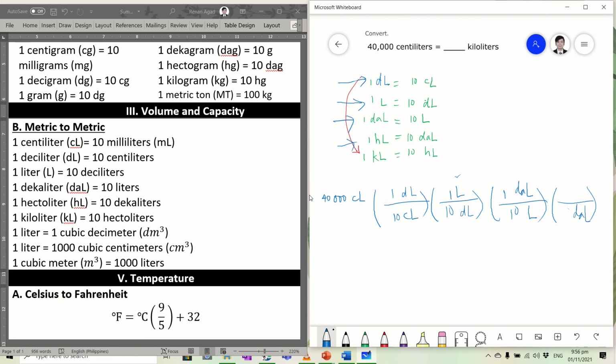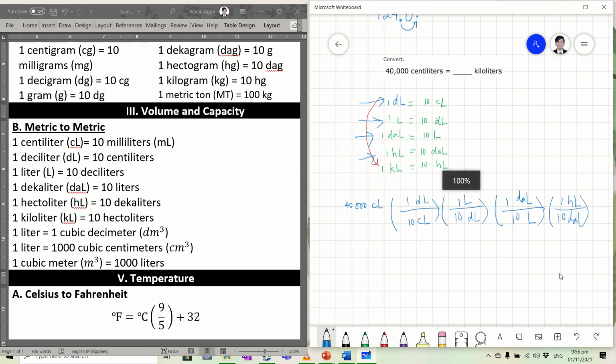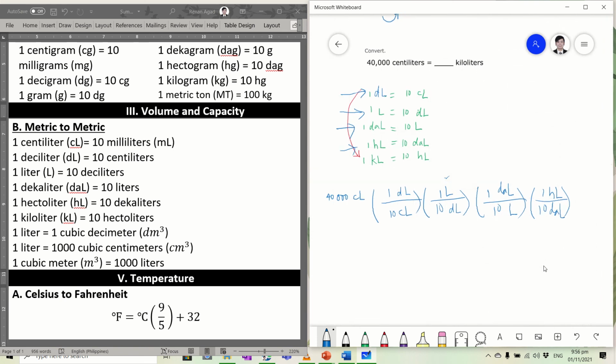Decaliter, put in the denominator. 10 decaliter is equal to 1 hectoliter. And finally, we're now in the last part. So we're now at HL. Put HL in the denominator. That's 10 HL, 1 kiloliter.